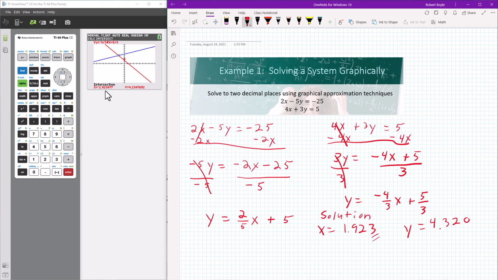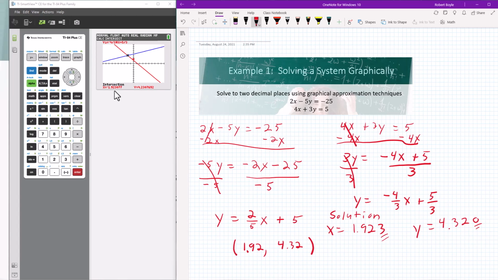That means we need to know the third decimal place. Since the third decimal place is less than 5, we don't need to round up. Since this is less than 5, we don't need to round up either. Therefore, our solution is going to be the point 1.92, the x-coordinate, sorry about that, comma, 4.32 for the y-coordinate. So this ordered pair would be the solution to that equation.